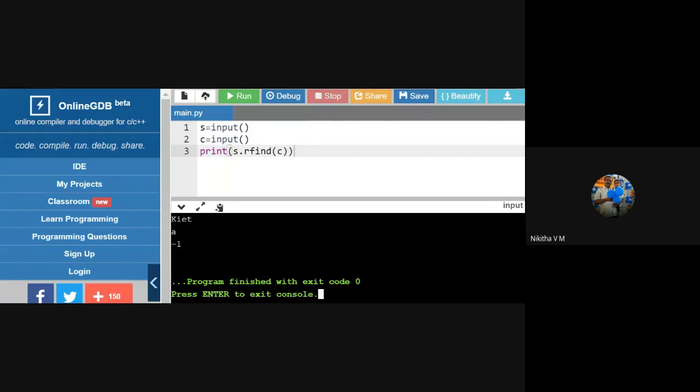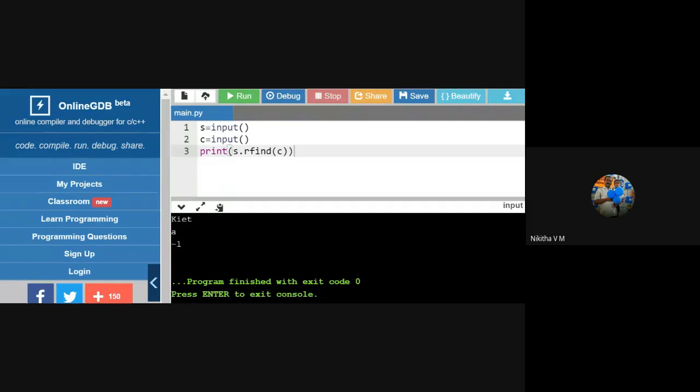It will not count from the end. We are manipulating the system in such a way that if I'm using negative values, it comes from the last index. But the system will always give us only positive values, from 0 to n minus 1. That's the reason when it is giving -1, we have to consider it as not found.